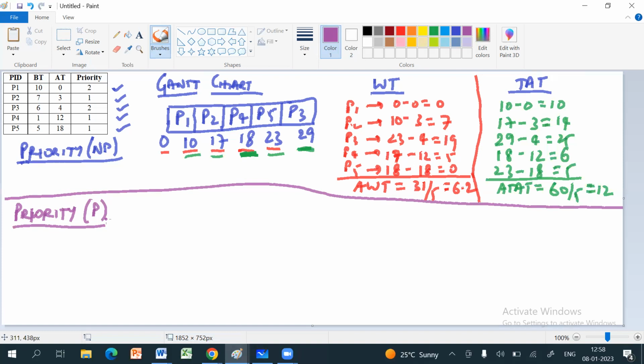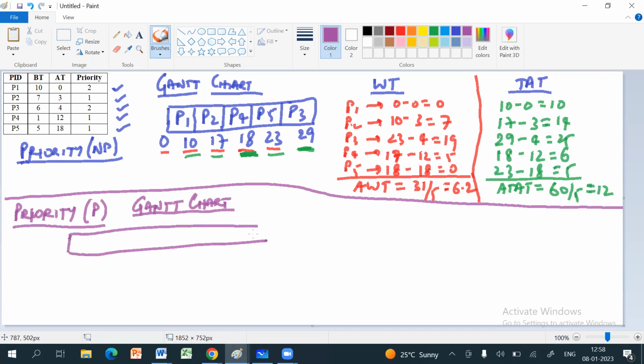Okay, so let's start with the Gantt chart first. All right, so at time 0, obviously the Gantt chart will start at time 0. So at time 0, currently P1 is the only process which is available.